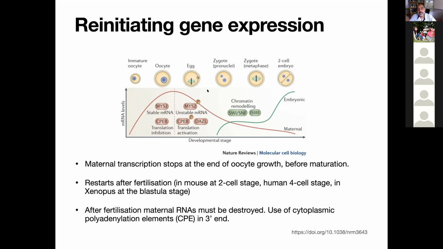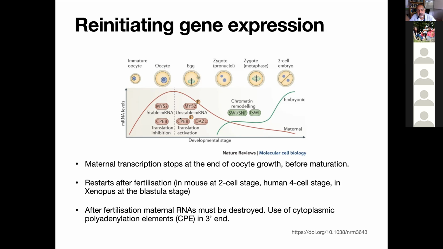Raj, I had a question. Yeah, Tal. When maternal RNA degradation is happening, how is the cell able to differentiate whether it is destroying the maternal RNA or the embryonic RNA? Should there be a marker which decides that? Yeah, I think it's the use of these cytoplasmic polyadenylation elements. The protein machinery for that is restricted as well, and it's one of the things that are provided as the oocyte grows.